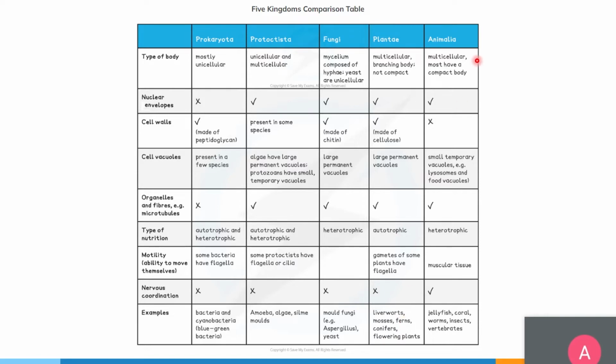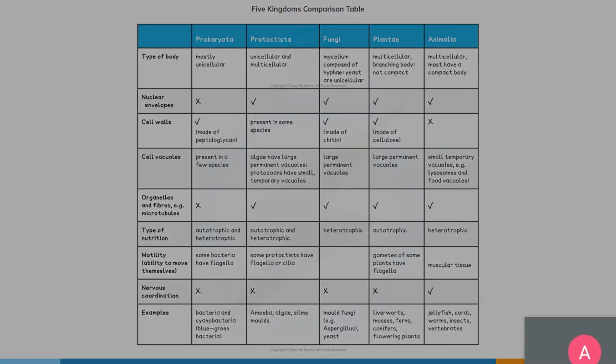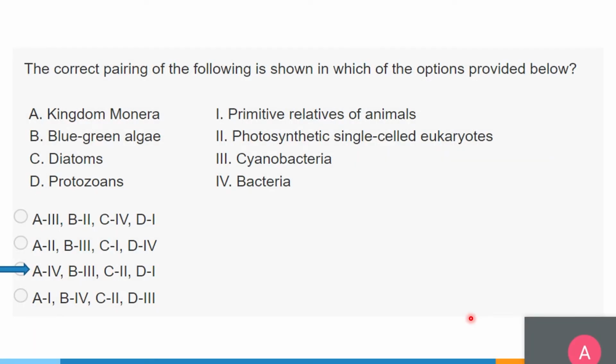Next is the kingdom Animalia, in which the organisms are multicellular and most have a compact body. There is a well-defined nucleus and nuclear envelope. They do not have a cell wall, have small vacuoles, are heterotrophic in nature, and the examples include jellyfish, corals, worms, humans, everything.